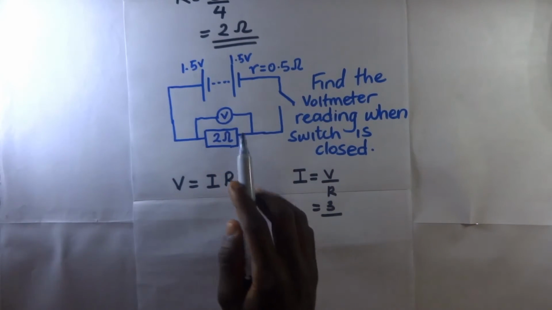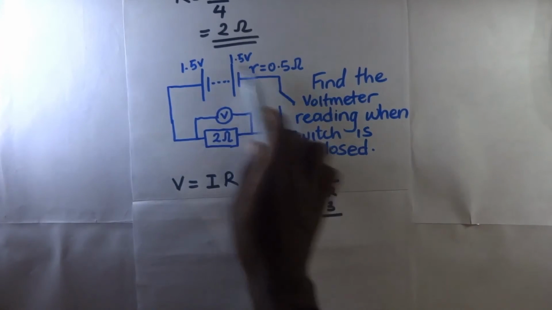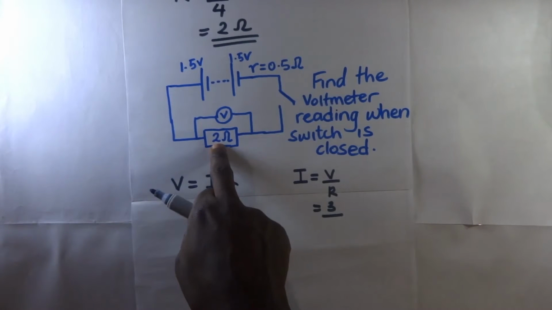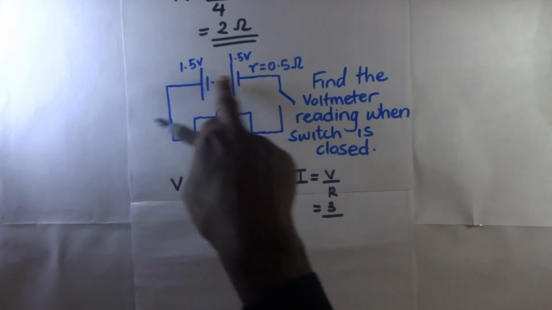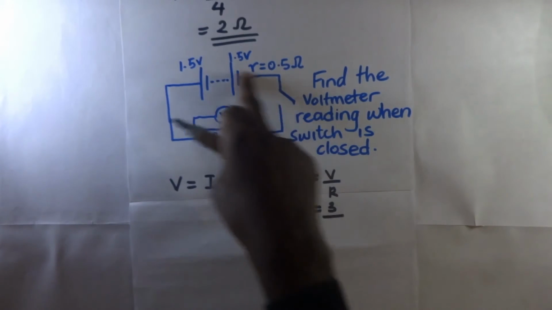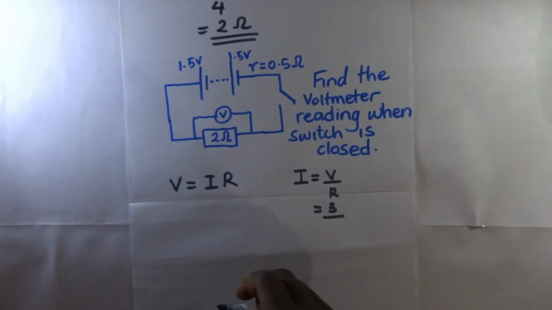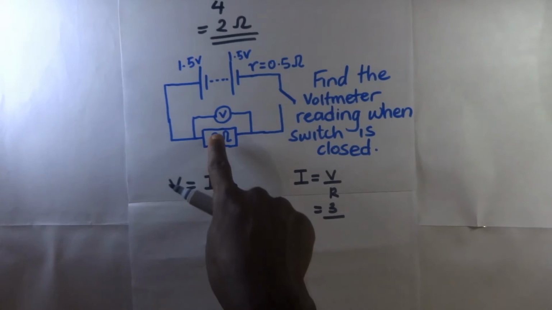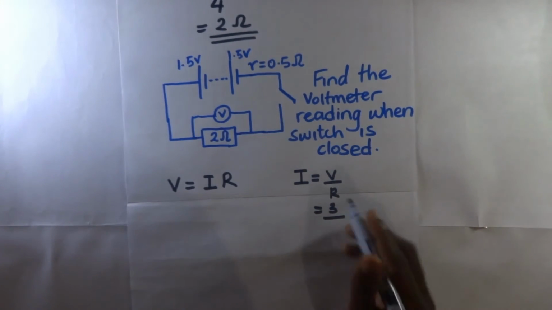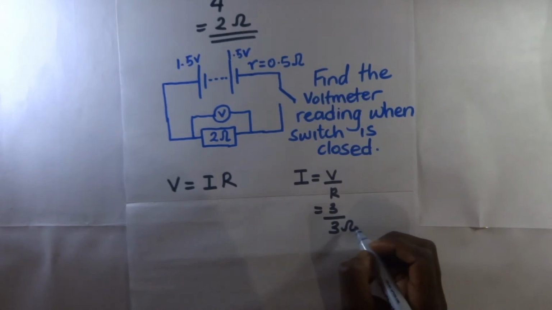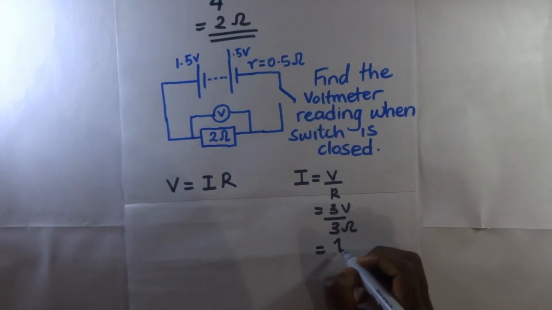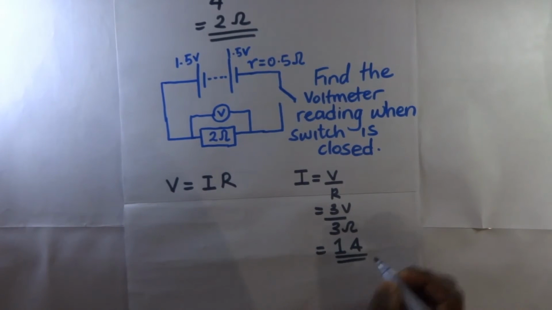To get the effective resistance in the whole circuit, it's going to be this 2 ohm resistor plus those 2 internal resistances. We treat them as resistors in series, so it's 2 plus 0.5 plus 0.5, giving us 3 ohms. The voltage is 3 volts, so we end up with a current of 1 ampere.